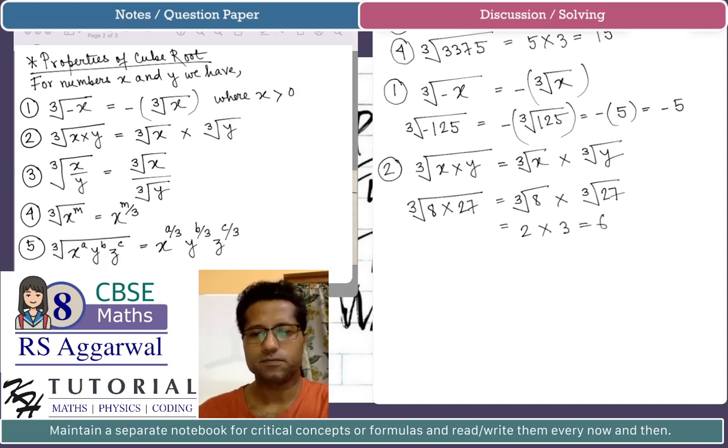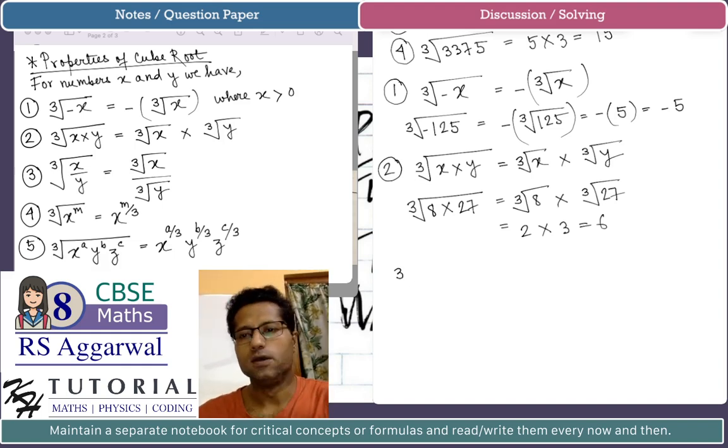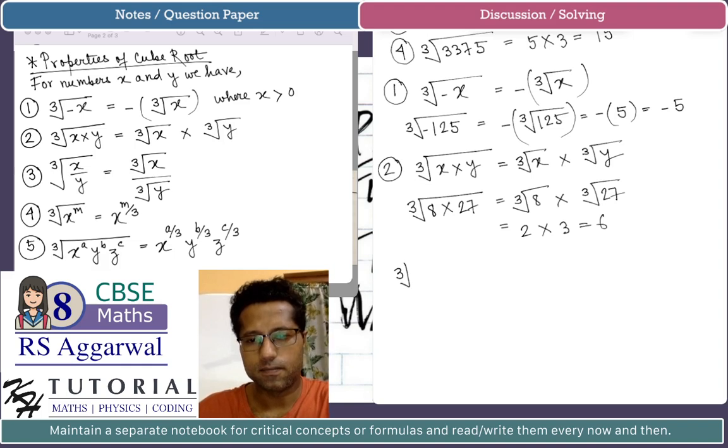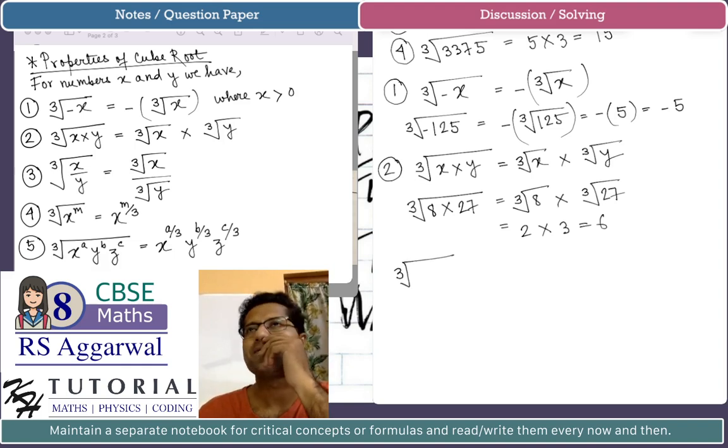But sometimes one of x and y may not be a perfect cube, or neither x nor y may be a perfect cube, but the product xy will be a perfect cube.